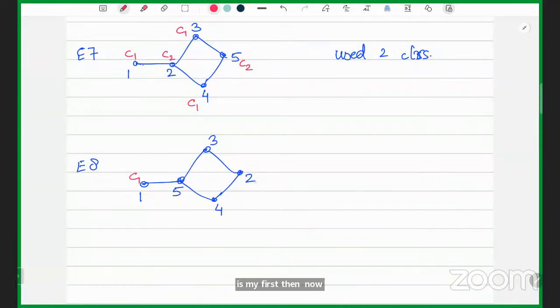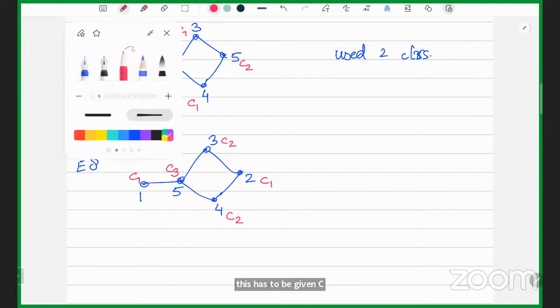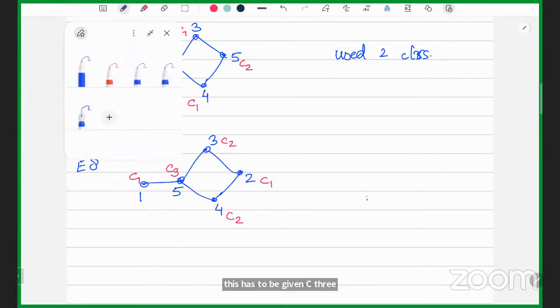Now we come to the second, and C1 is available because its neighbors haven't used anything. So you give it C1. You come to the third, this gets C2. Then the fourth also gets C2. Now you come to 5. 5's neighbors have used C1 and they have used C2 as well, which means this has to be given C3. So now I have actually used 3 colors.